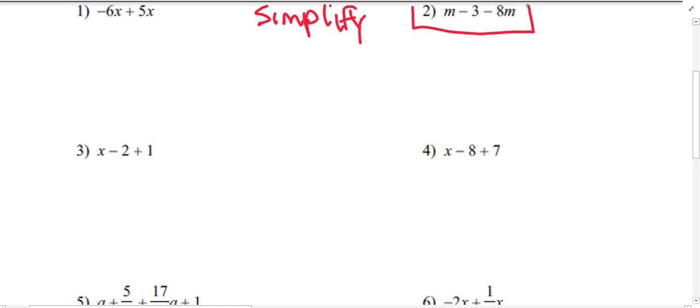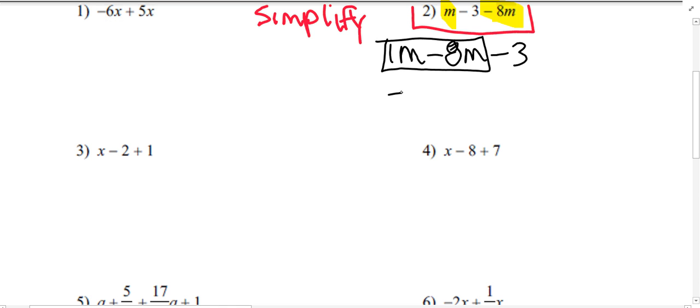Okay, so you can see right here that you have the quantity m, which is 1m, and we have a negative 8m. So if we move these terms next to each other, you can see that if you have 1 and you subtract 8, you're going to end up with a negative 7m minus 3. And there's nothing else to do here because you can't combine that 3 because it doesn't have a variable.